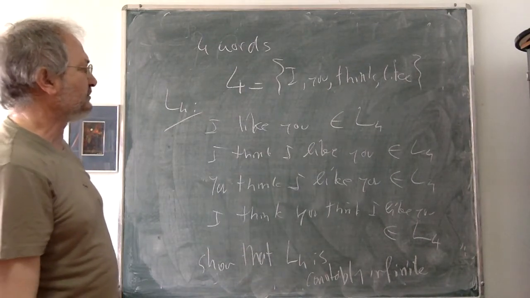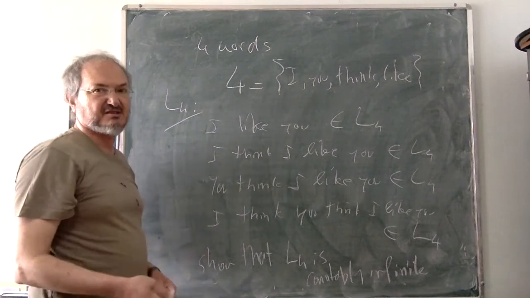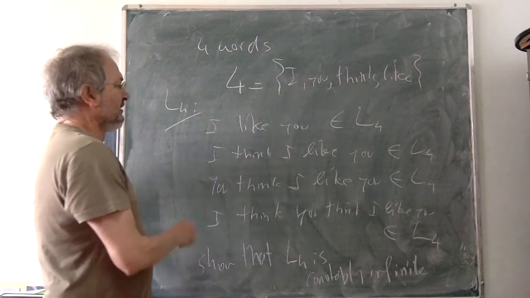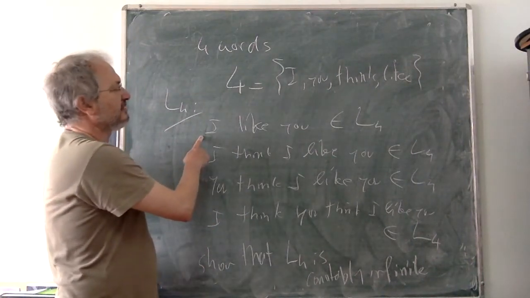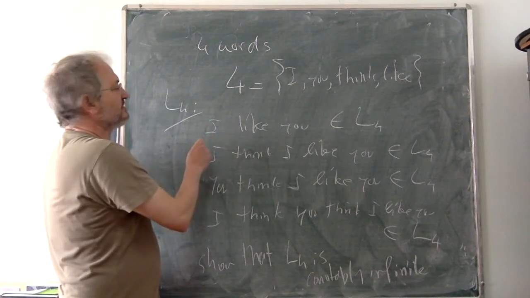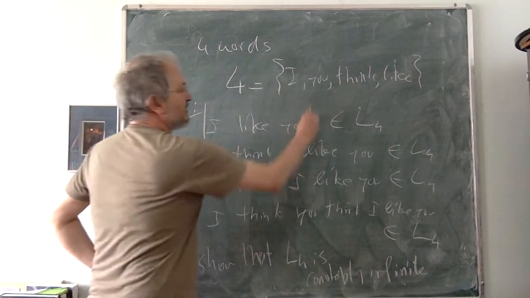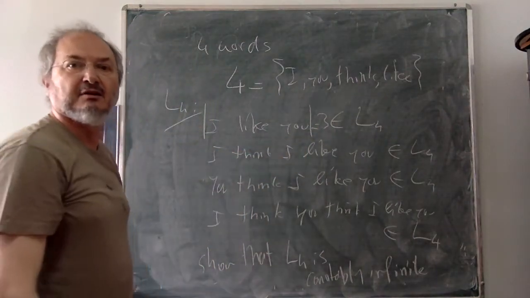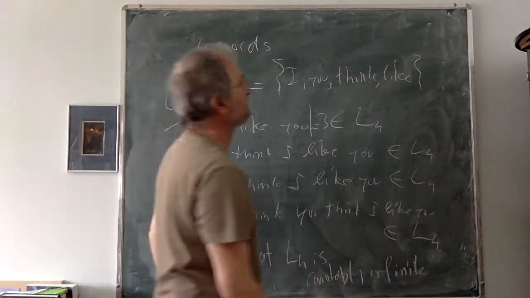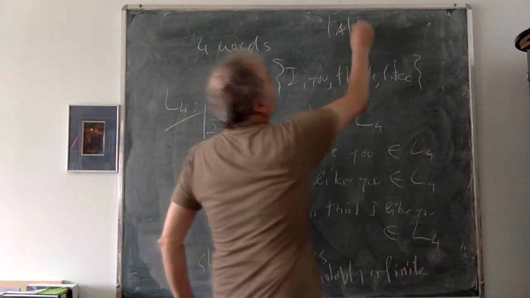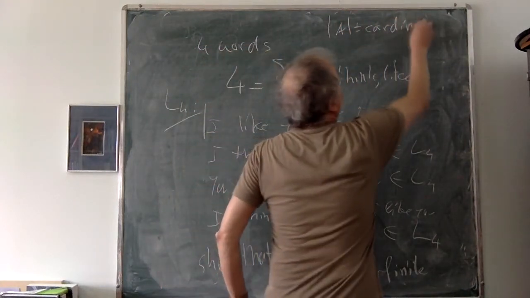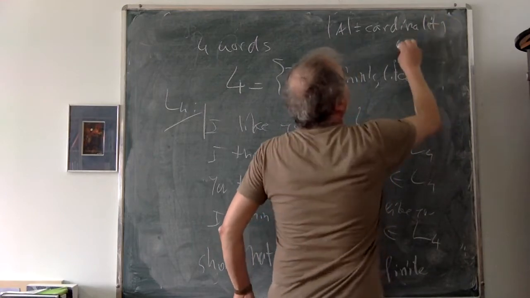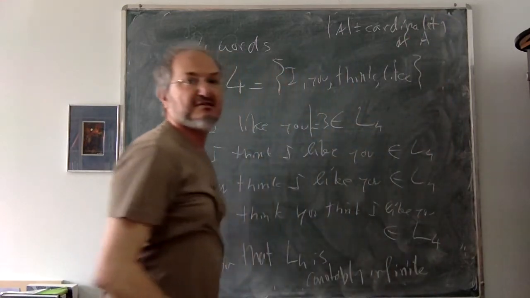But here's the problem. You can say, well, let's just count the things. Since this is an infinite set, you can say the size of this is 3. This is how you represent the cardinality of a finite set. This is called the cardinality of A if A is finite.